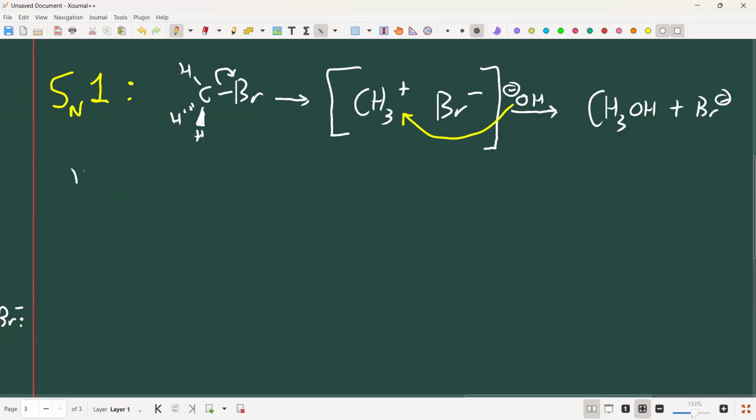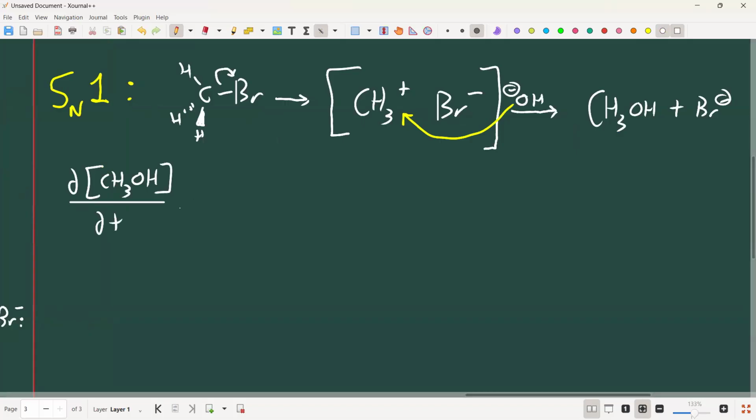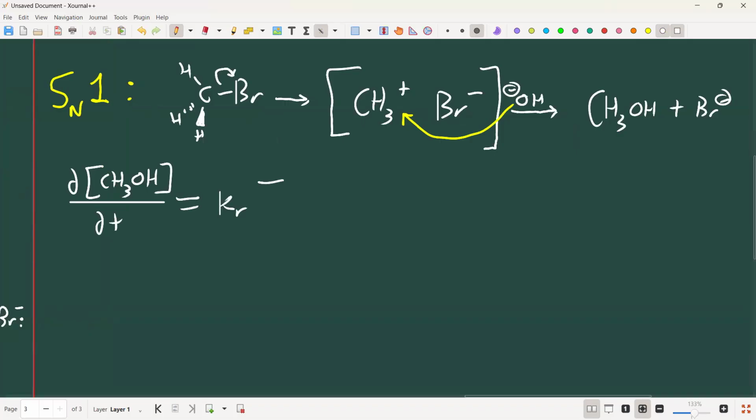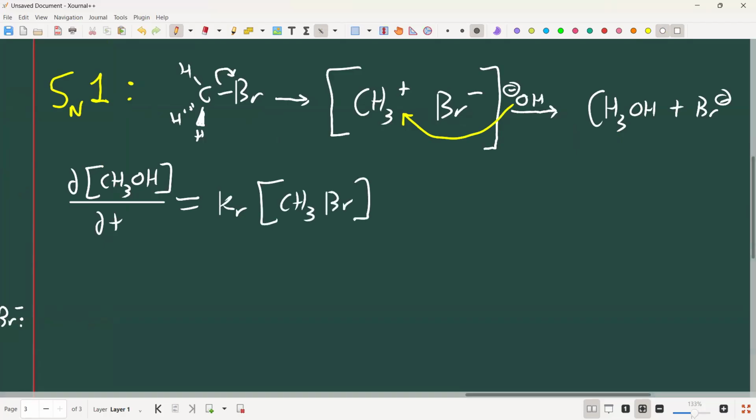Okay, and this reaction has different kinetics. It has some rate, but it's only dependent on the concentration of the alkyl halide. What happens is that SN1 is a two-step reaction.